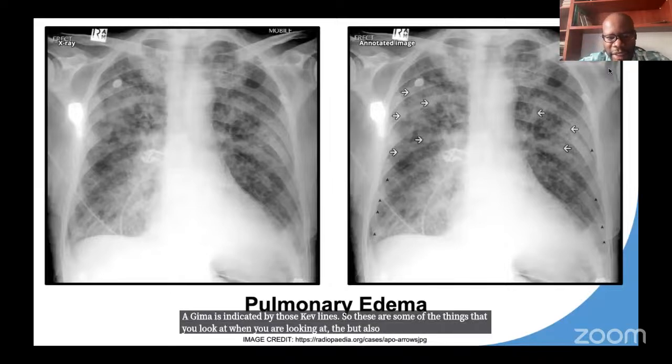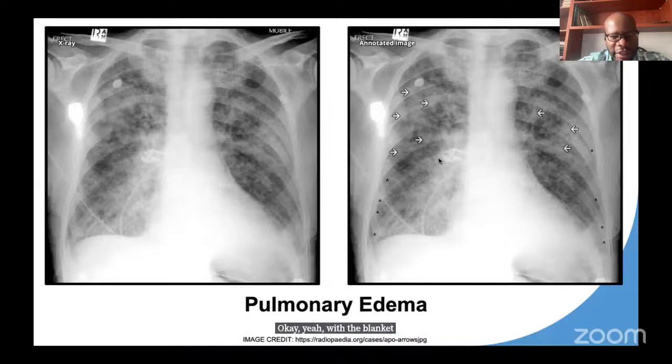But also, in some patients you can see pleural effusion, with blunting of those corners. And also you can look at the size of the heart. Cardiomegaly can also be present, which you can make out on a chest x-ray.